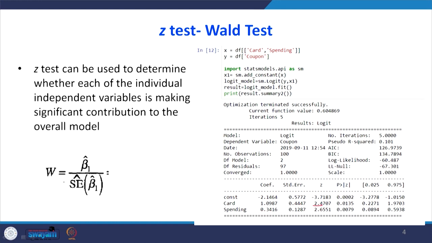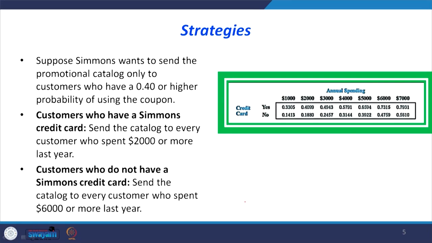Similarly, when you divide 0.3416 by 0.1287, you will get this Z value. So, the corresponding probabilities, you see this one, both the probabilities are less than 0.05. So, we can say both independent variables are significant. The whole model is also significant, and the independent variables in the logistic regression model are also significant.